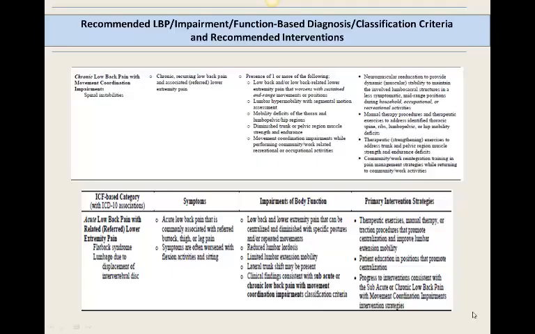Again, I just want to draw your attention to chronic low back pain with movement coordination impairments. Very similar presentation to acute low back pain and subacute low back pain with movement coordination impairments. However, it's just more chronic or more reoccurring. And typically they have pain that is worse at end range and worsens with sustained and end range motions.